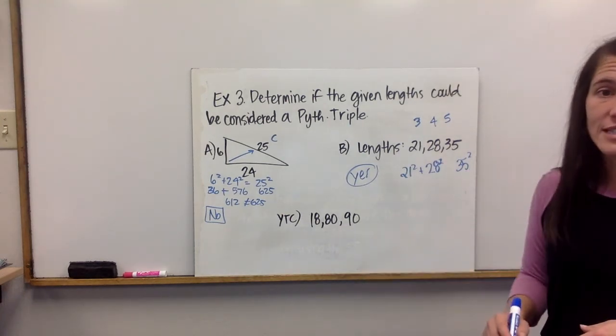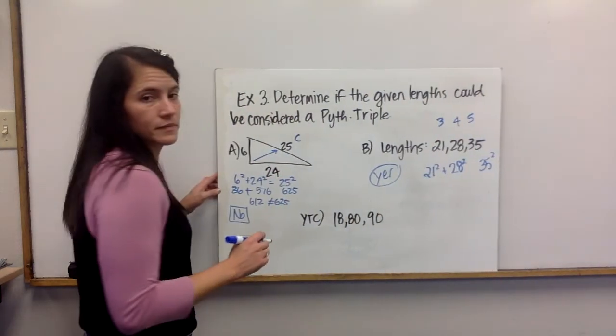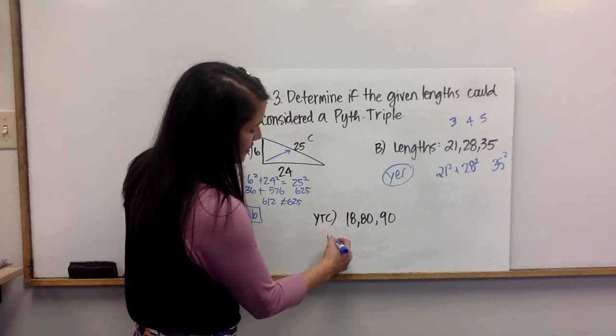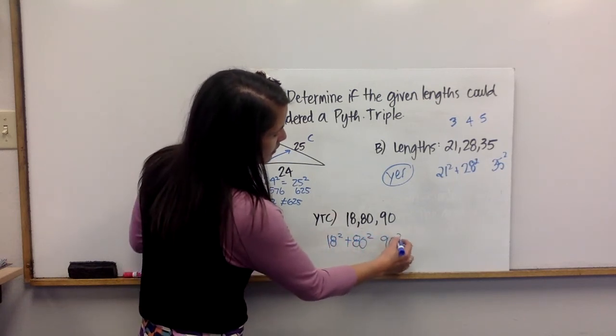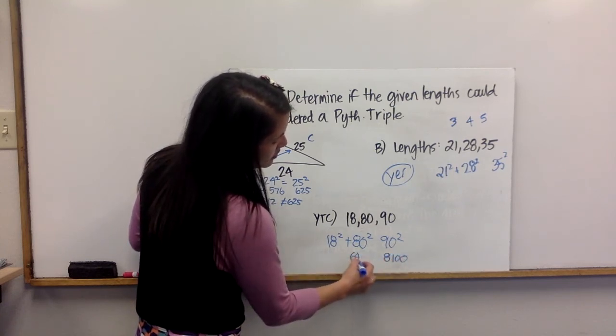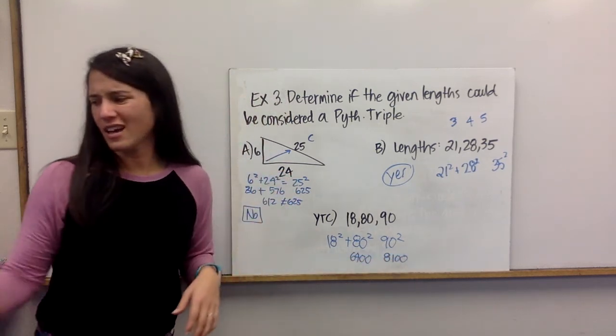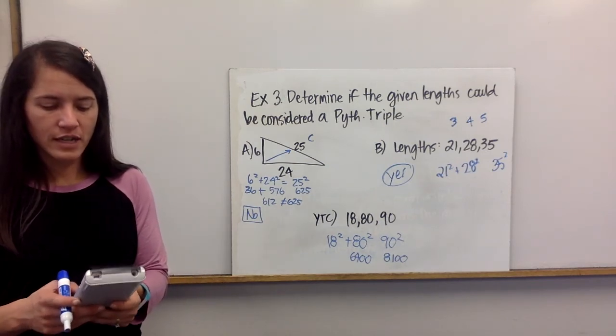All right, you try C, pause it, and you try C. Okay, 18 squared plus 80 squared. So 90 squared is going to be 8100, 80 squared is 6400. I don't remember 18 squared.